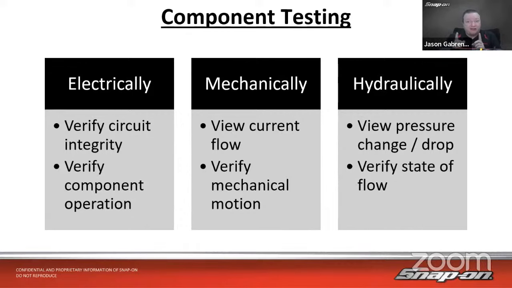If I see that injector commanded open, so I see my pattern and the injector's there, and my pressure doesn't move, then that injector really didn't open. Maybe mechanically it opened, but it didn't spray any fuel. We can see how it drops off. And if it drops off excessively, that could be another problem entirely. Or if we see that it doesn't build up the proper pressure, maybe it's not closing all the way, it's leaking. So we can see all these different things by being able to compare.